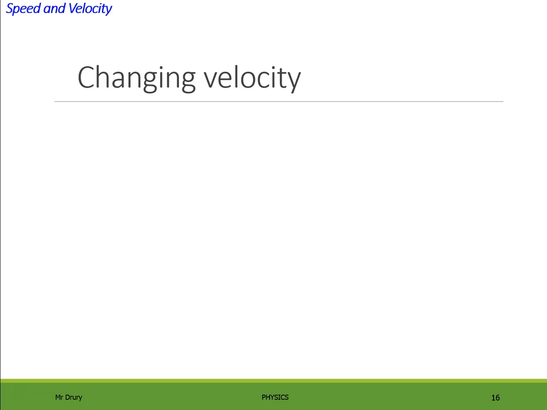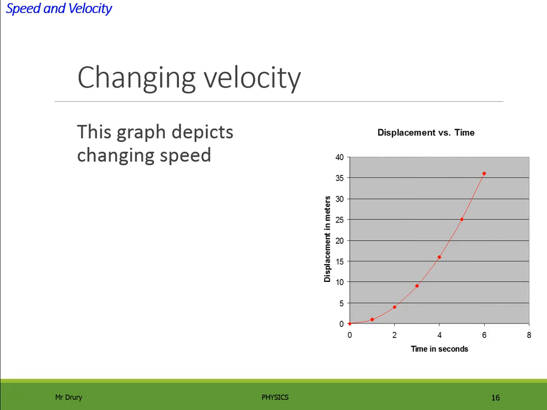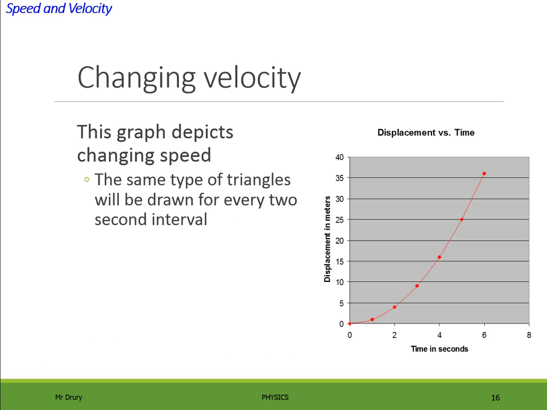Let's look at the idea of changing velocity. Once again, we have a displacement-time graph. Is this a changing velocity? We can check it out. I'm going to use the same type of triangles, drawing one every 2 seconds. In the first unit of time, from 0 to 2 seconds, we only covered about 4 meters.